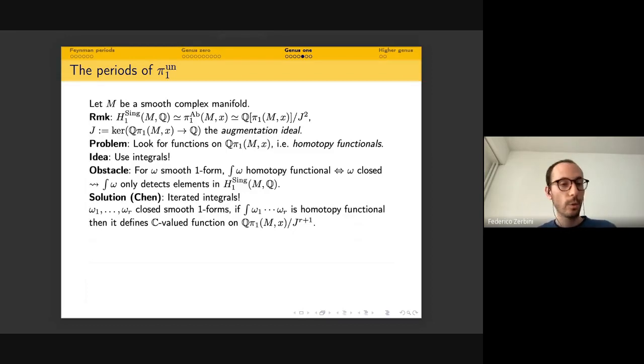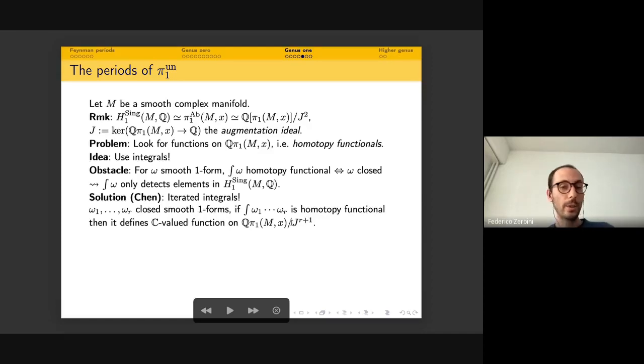And the solution by Chen to describe the homotopy functionals is to use iterated integrals. So instead of integrating one form, instead of considering these line integrals, you give yourself r smooth one forms. And if this iterated integral is a homotopy functional, then you can prove that it defines a function on Q pi 1 over the augmentation ideal to the r plus 1, not just to the second power, but to the r plus 1 power.